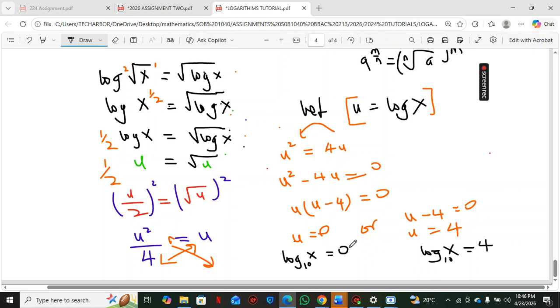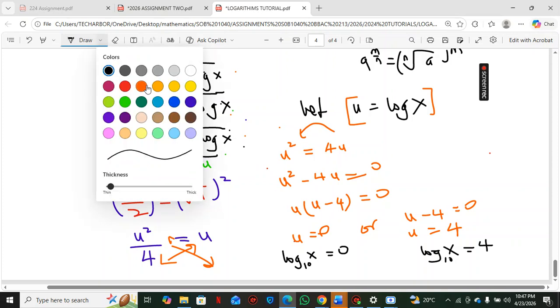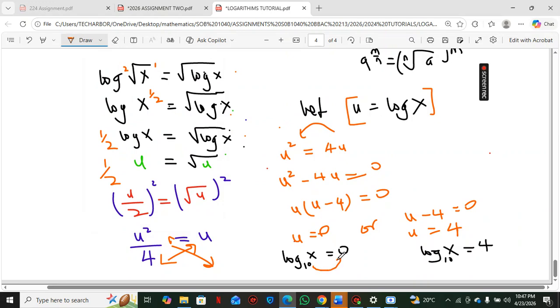We want to find the value of x. Remember we said a logarithm is how many times you have to multiply a number by itself to get a certain number. Since we want to find the value of x, we're asking if we multiply 10 by itself 0 times, what are we going to get?